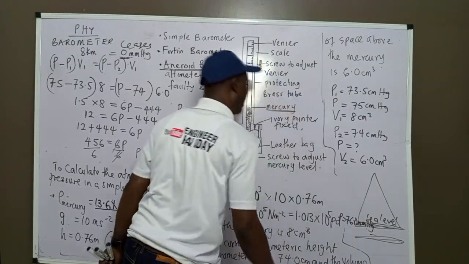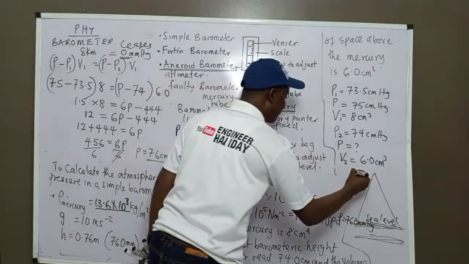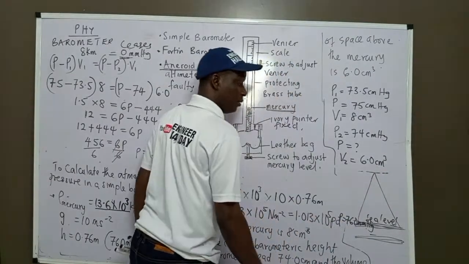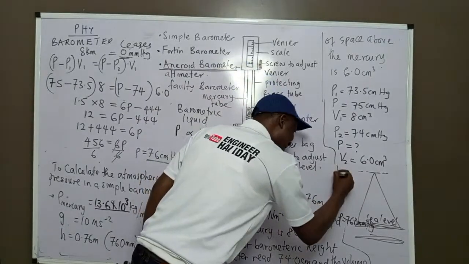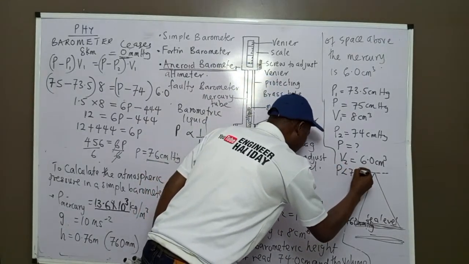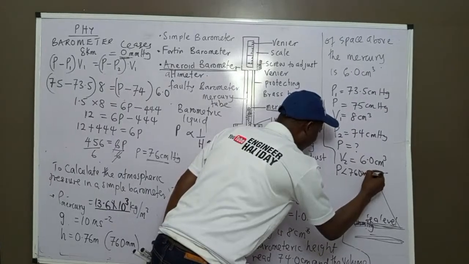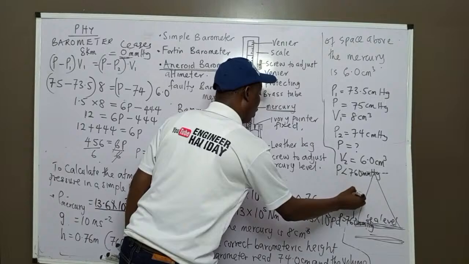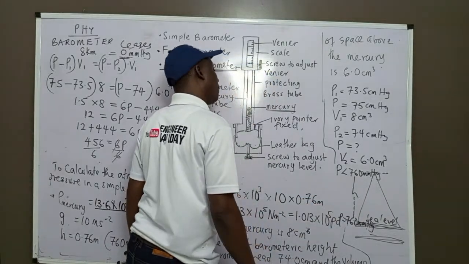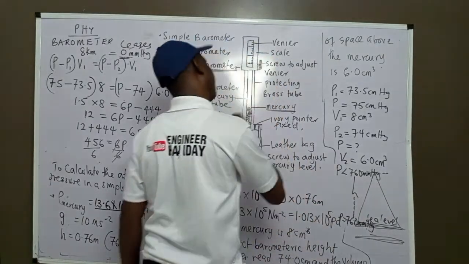So the atmospheric pressure is 760 millimeter mercury. Let's say this is a mountain. We are using the diagram as a kind of sketch. At the mountain here, the pressure is less than 760 millimeter mercury. Please take note of that. That is to say, as the height increases, what happens to pressure? Pressure decreases. That's what I was explaining.